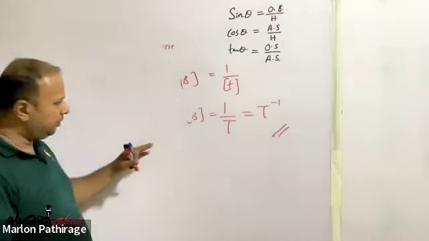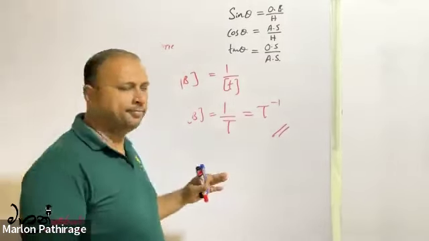Did you get my point? Then, next one. Y equals A sine square root of k over b into t.